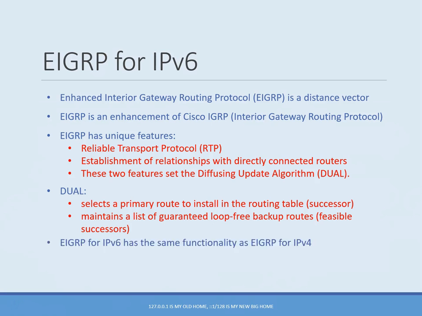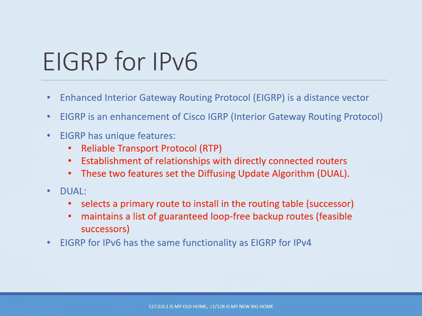Also, DUAL selects the primary route to install in the routing table, which is known as the successor, and it maintains a list of guaranteed loop-free backup routes, known as feasible successors.